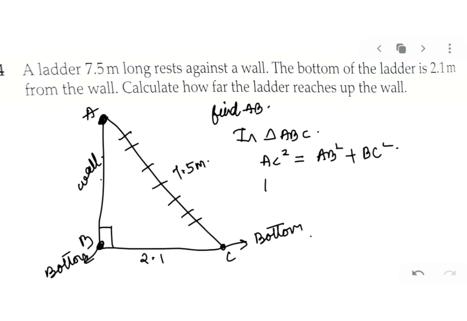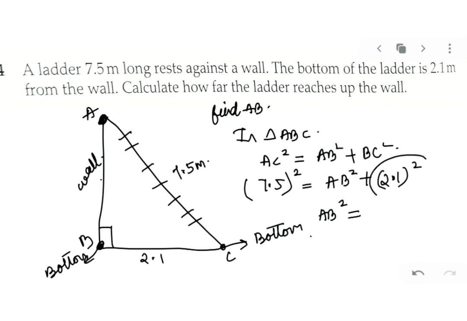Now AC is given to you as 7.5. You have to make square of that. AB is not given to you, keep it as it is. BC is given to you as 2.1 square. Keep your AB square here as it is. Take this 2.1 square in subtraction. So it will be 7.5 square minus 2.1 square.